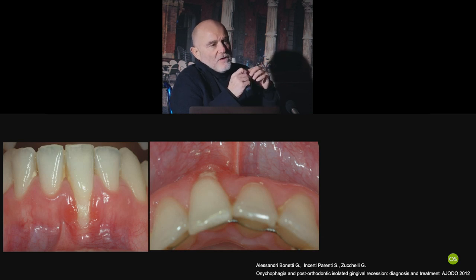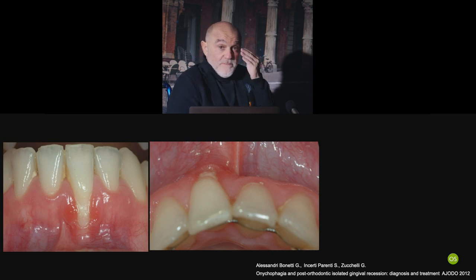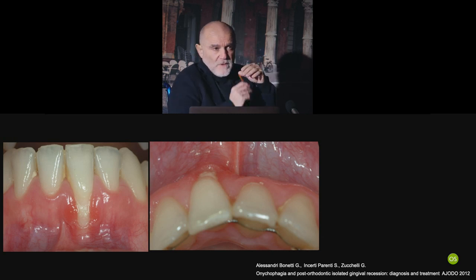The story of this single type gingival recession in the lower incisors is almost always the same. We have patients that have undergone orthodontic therapy in the past, almost always.